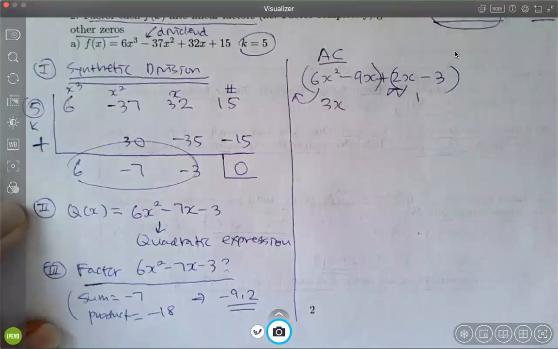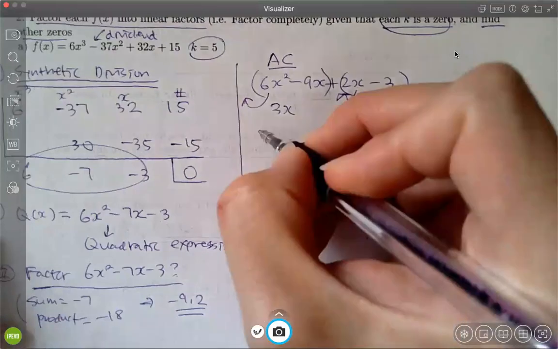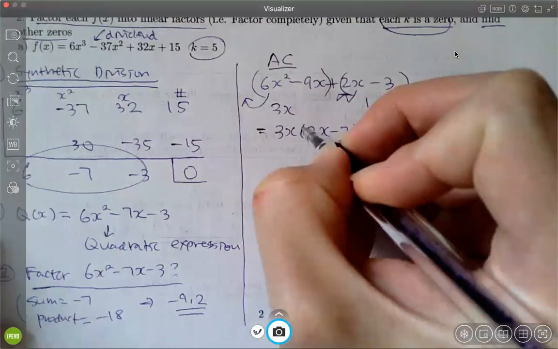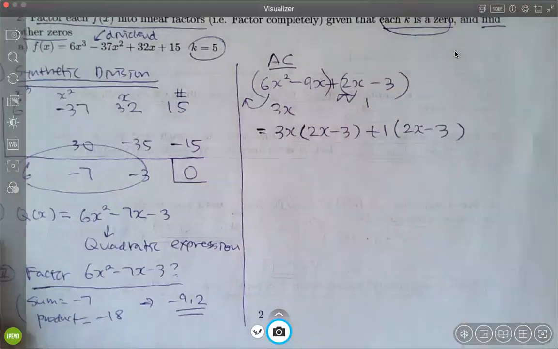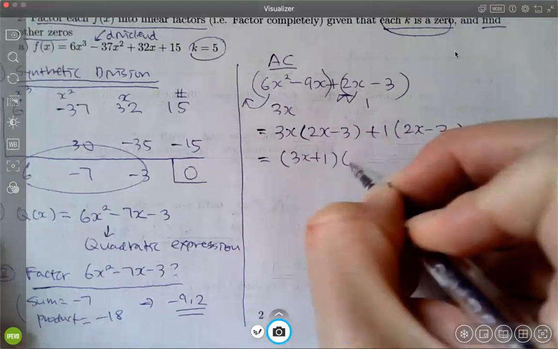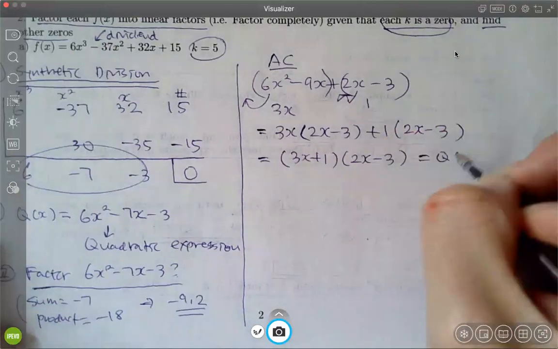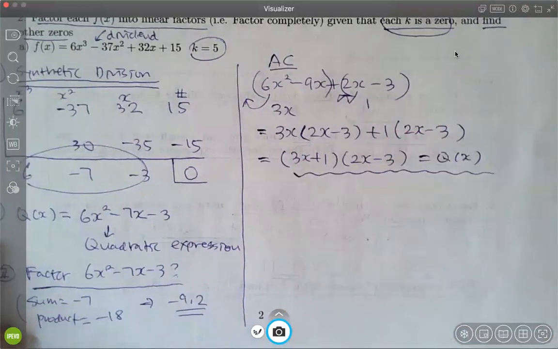So what you get is 3x times 2x minus 3, plus 1 times 2x minus 3. So you get 3x plus 1, and then 2x minus 3, right? So that's the quotient function, q of x. Indeed, we were able to factor q of x.